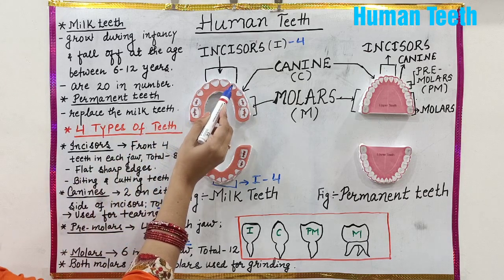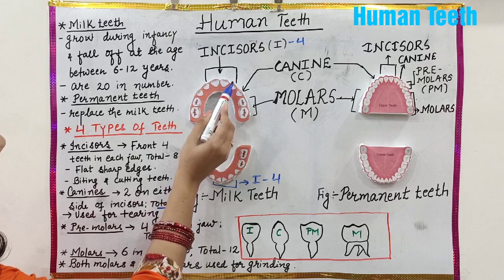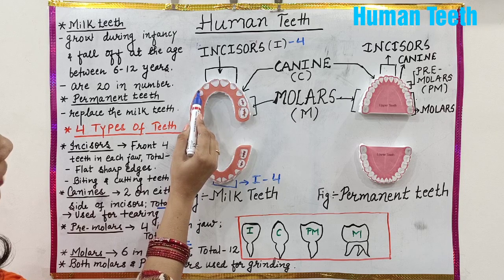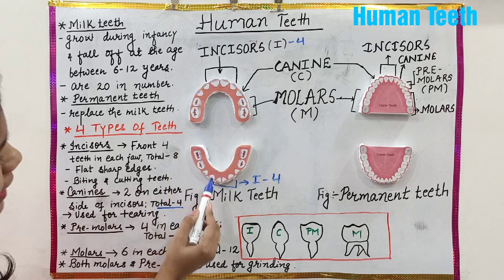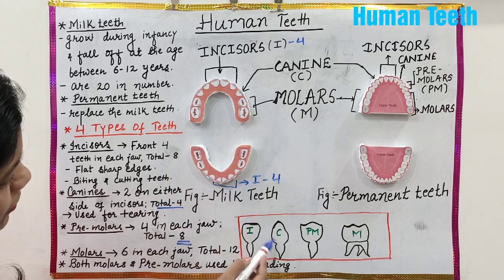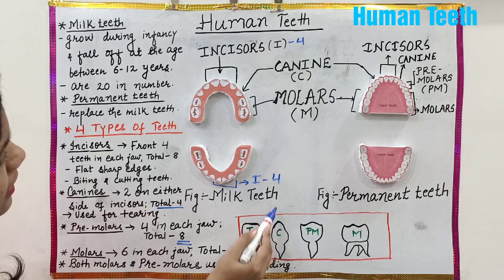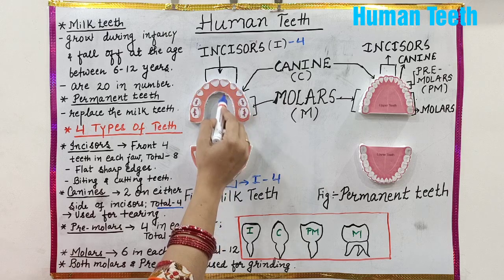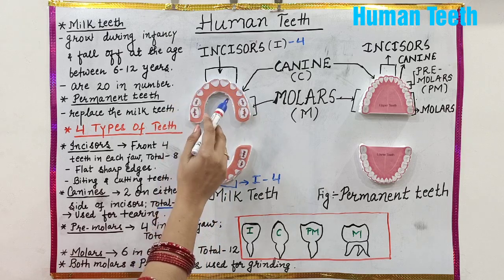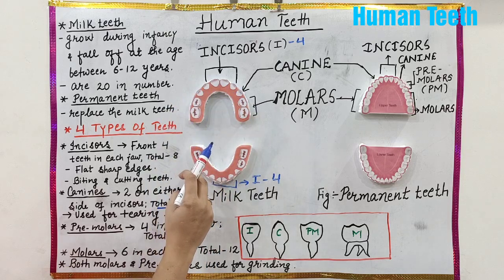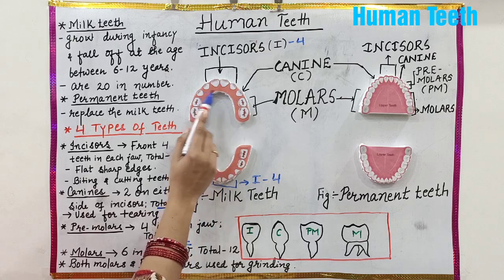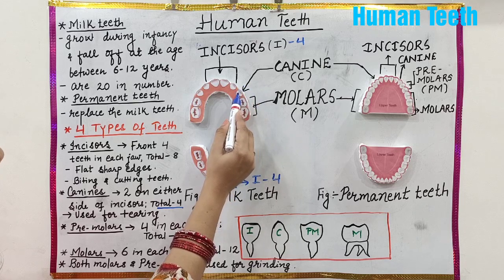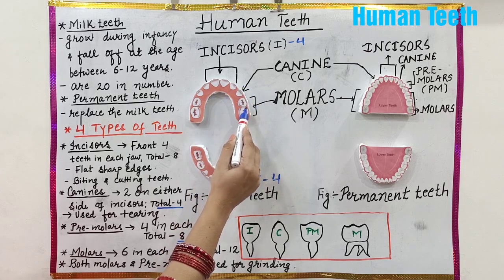Adjacent to the incisor, you may notice a pointed tooth on either side. So that is 2 pointed teeth on the upper jaw and 2 pointed teeth on the lower jaw. This tooth is called canine. So there are in total 4 canines in milk teeth. So now we have 4 plus 4 8 and 8 plus 4 12.